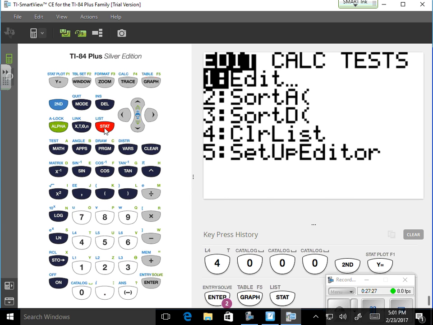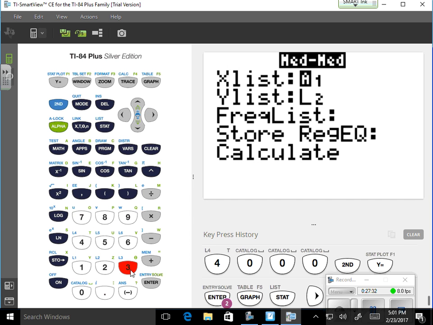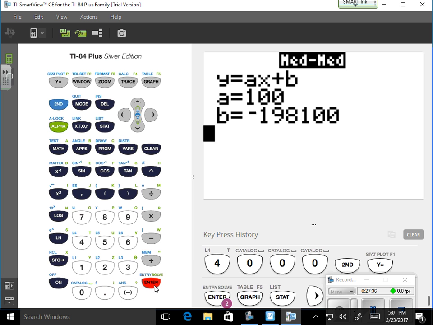And then let's get a median line equation. You get y equals 100x minus 198,100. 100x minus 198,100.